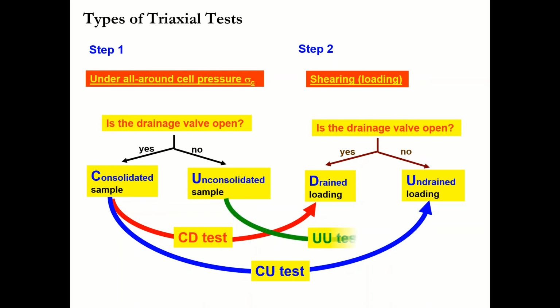And another one is the unconsolidated undrained case, that means for this test our drainage valve was kept closed for both. Depending on our field condition, we will choose one of the tests. For our today's demonstration, we will describe the unconsolidated undrained test, that is the UU test.